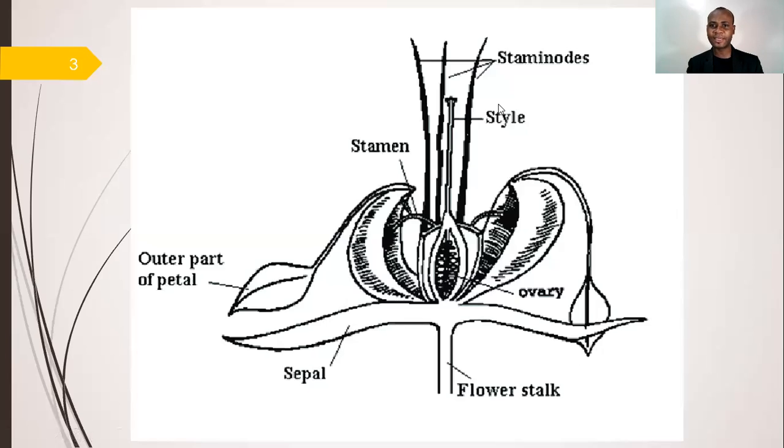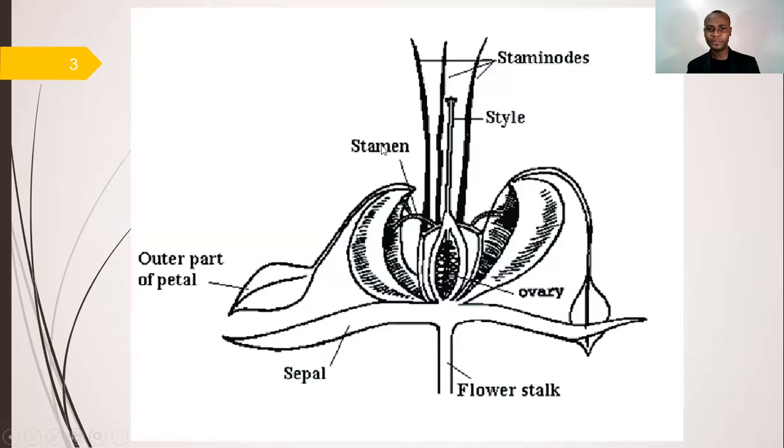So now let's look at the structure of the flower. Up here we have the staminals, and the staminals are usually the protective structure for the style.